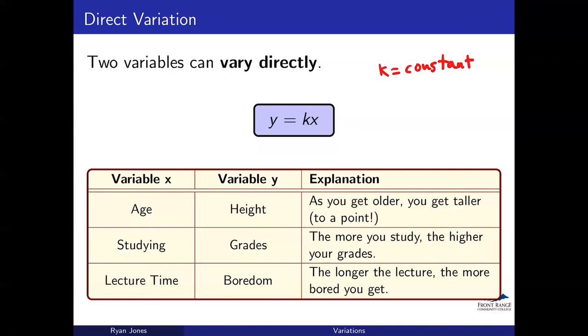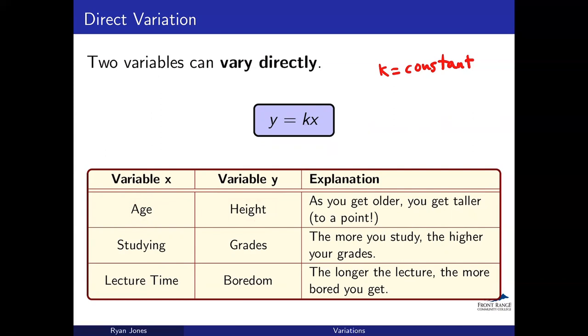We could come up with some examples of this. Let's say that x is my age. Well, as my age increases, my height would also follow with that, right? As you get older, you tend to get taller, obviously, up until a certain point when maybe you stop growing. But for a lot of your life, as you grow older, your height increases with you.